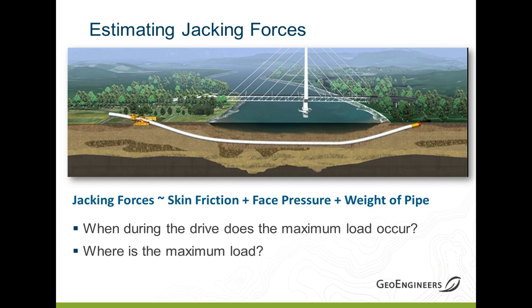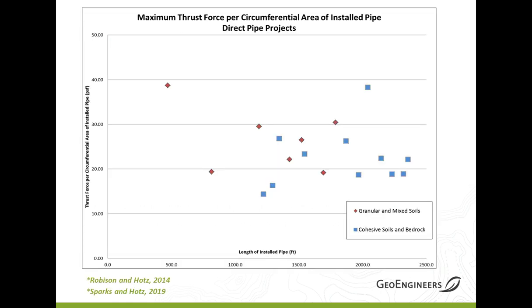That's the answer to the first question. The second question: where is the maximum load? What we're concerned with is where the pipe feels the maximum load, because we're interested in the stresses on the pipe during installation. The answer is at the pipe thruster. That's where the maximum load occurs during installation.